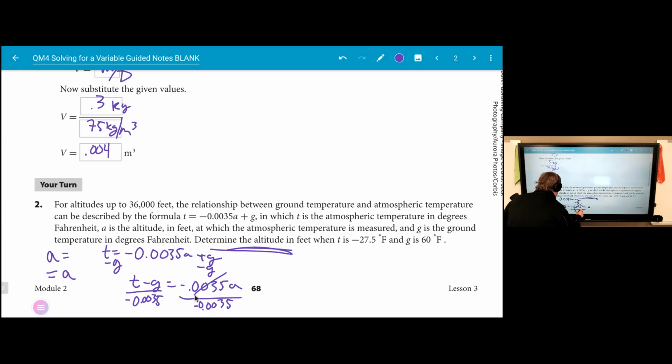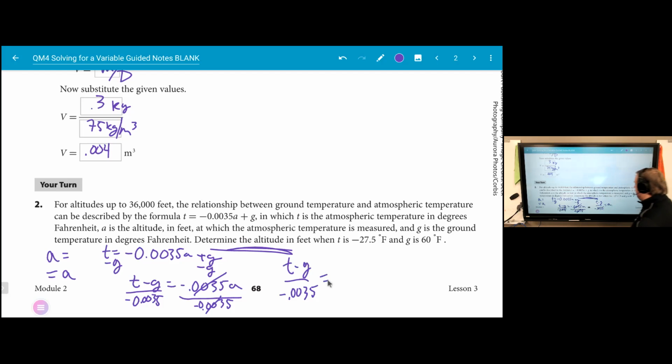This simplifies to 1A, and I end up with T minus G divided by negative 35/10,000ths equals A. I have solved for A, and now I need to plug in what I know. Do I know a T and do I know a G? I know a temperature at the height, and I know the ground temperature. I know T and I know G.